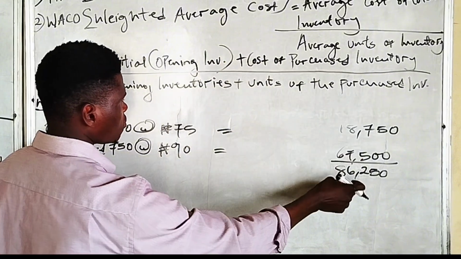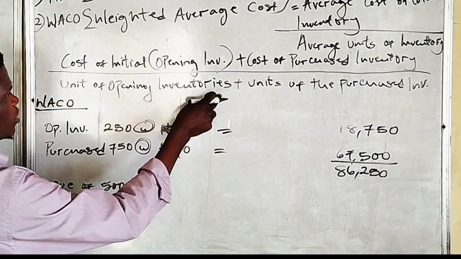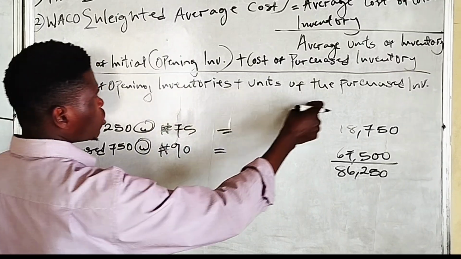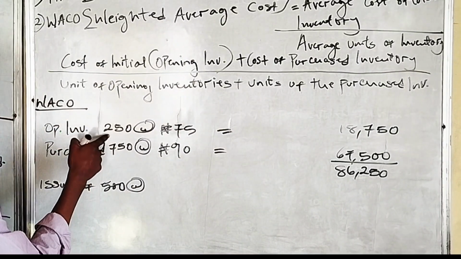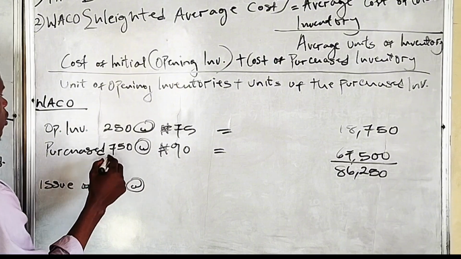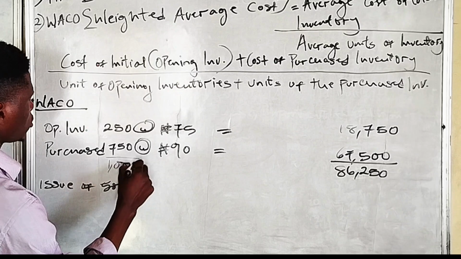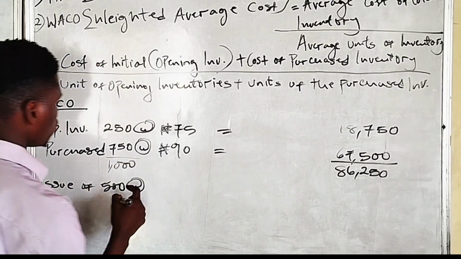So the addition of the two gives us 86,250, divided by the units of opening inventory plus the units of purchased inventory. Opening inventory is 250, while purchased inventory is 750. The total units we have is 1,000 units.